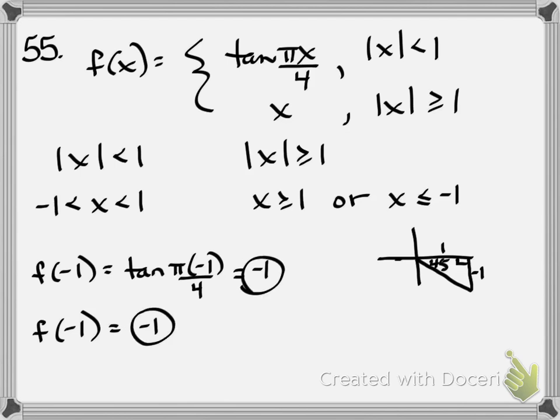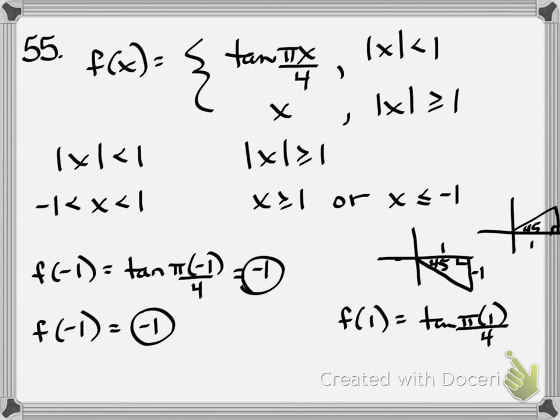And then if you check +1, in the tangent function, you'd get the tangent of pi times 1/4. So that's the tangent of pi/4, which is 45 degrees. So it's the 1, 1, square root of 2 triangle.